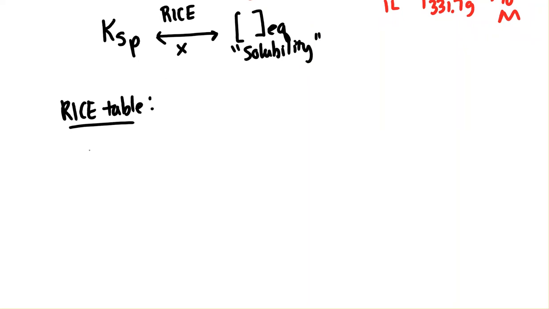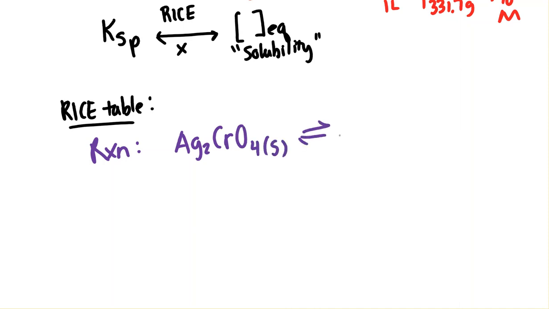For the reaction, you're always going to just use the solid dissolving. So the solid is the silver chromate, and it's just breaking apart into ions.